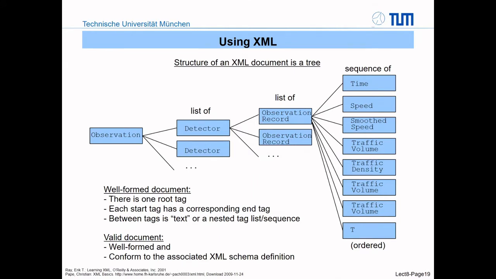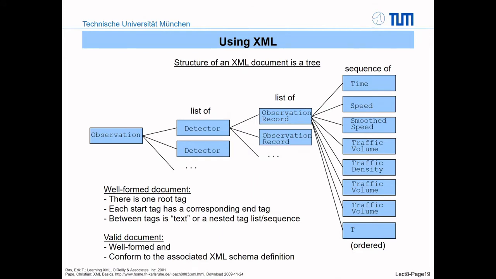A valid document is a well-formed document, so it follows the well-formed definitions, and it conforms to an associated XML schema definition. So you have now an additional definition. You can have a well-formed document, so it follows all of the rules from XML, but there is no description of how the document should look.